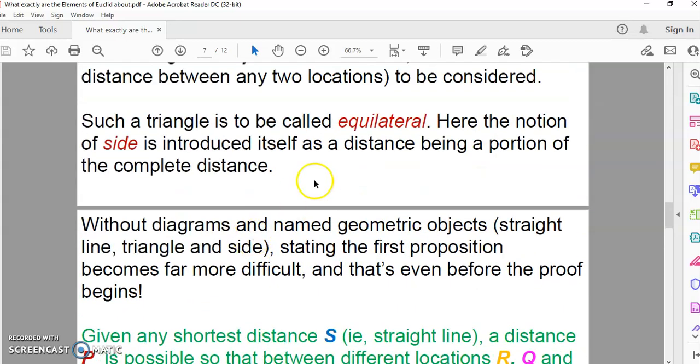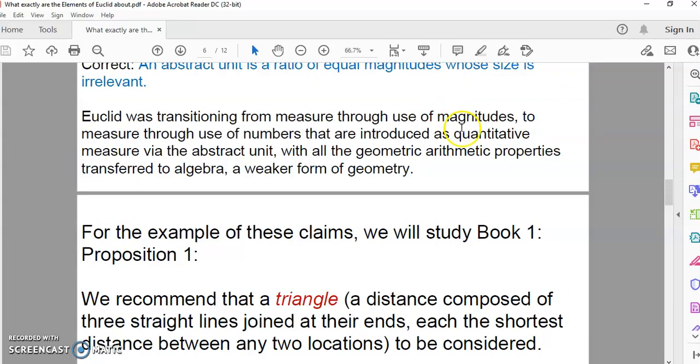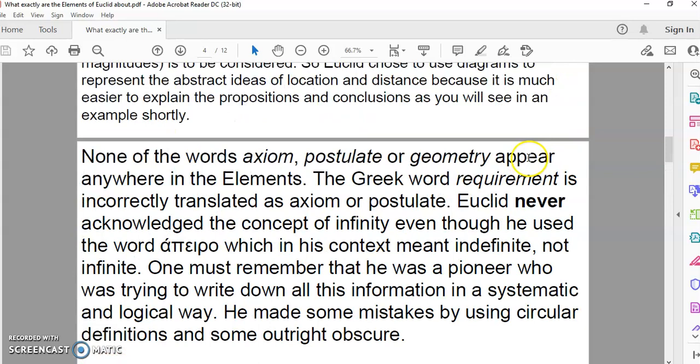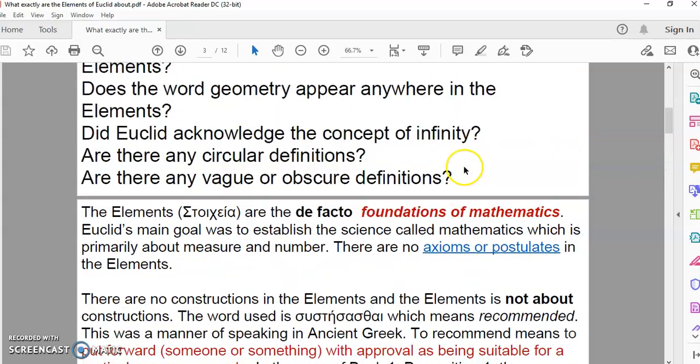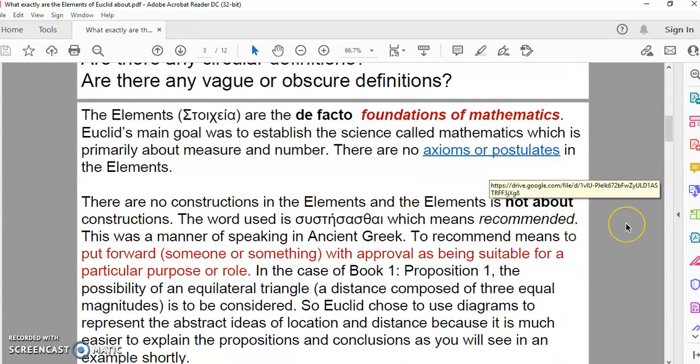The Elements is not about geometry, by the way. It's a means of laying the foundations of mathematics, as I said right at the beginning. Okay, the goal of the Elements was to establish the science of mathematics, and they couldn't have used something like area or volume or mass, because those would in turn require a lot of pre-foundations.